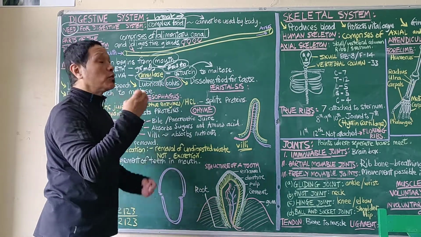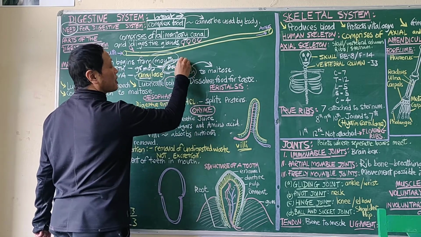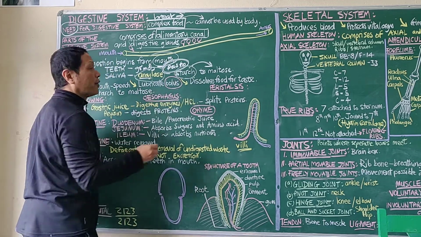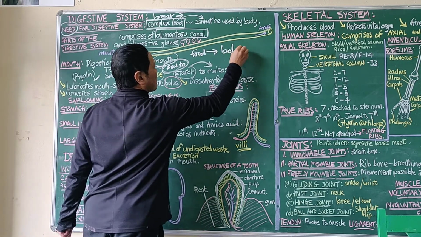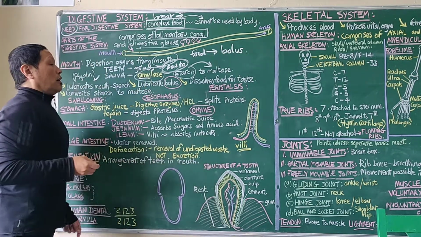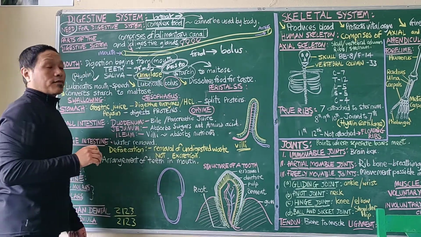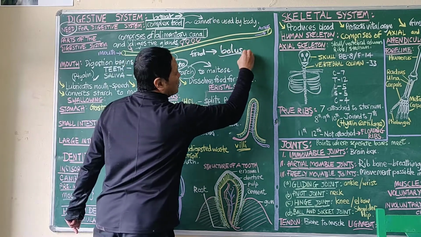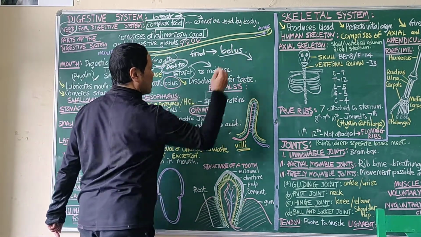The food that you chew and turn into a paste mixed with saliva is no longer called food. It's now called bolus. This bolus is lubricated by saliva, and it moves smoothly through the alimentary canal.